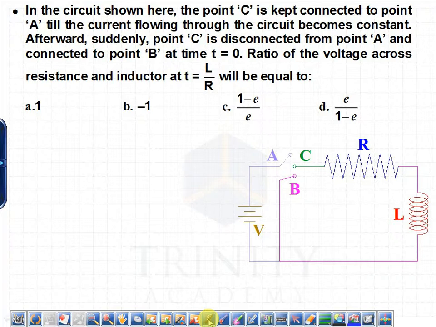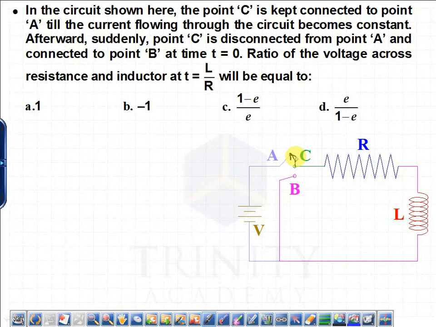Clearly, it is a case of an LR circuit. Initially, point C is connected to point A. So, when point C is connected to point A, it becomes an LR charging circuit.